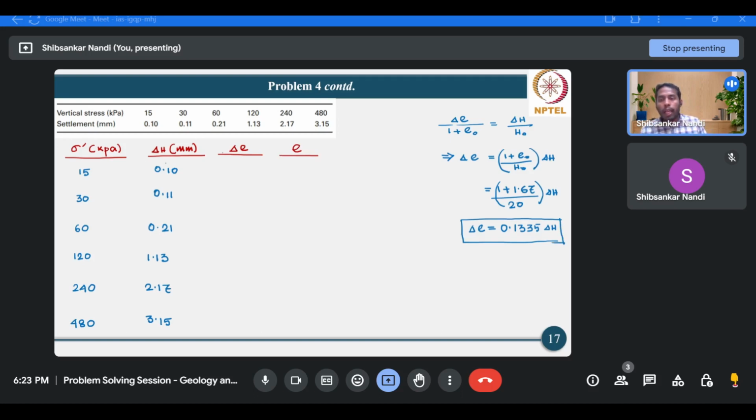Now we know delta H for all these stress increments, so we can easily calculate the delta e value. So we'll calculate the delta e value one by one.